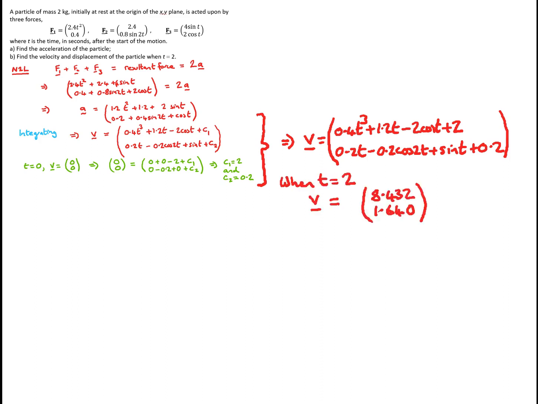So when t equals 2, if we insert t equals 2 and use our calculator, the velocity is 8.432, 1.640. Make sure you're using radians for your angle measurement on your calculator.